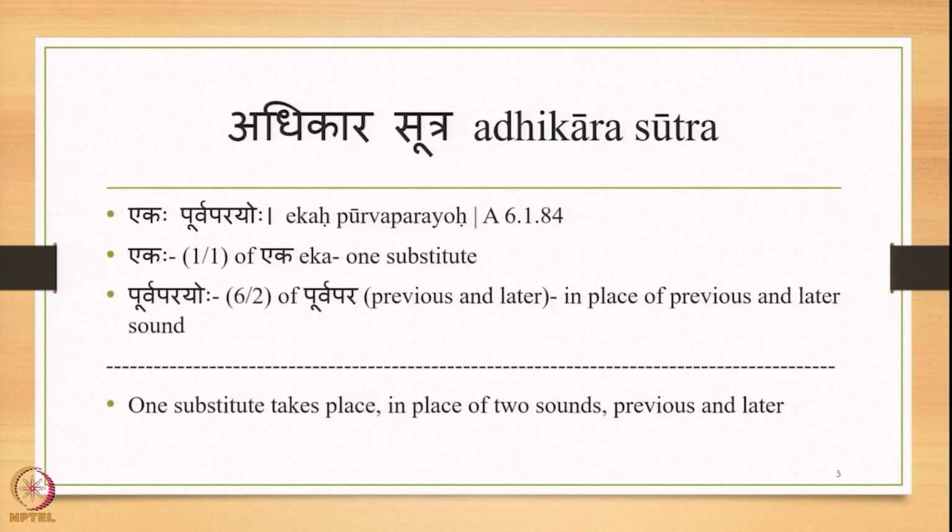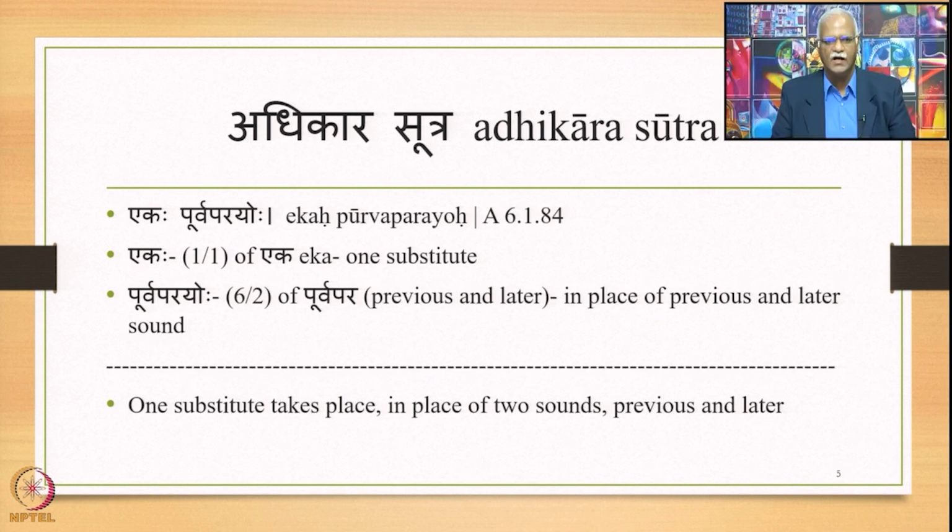This is stated by the Adhikara Sutra Ekah Purva Parayoho 6.1.84, which has got two words Ekaha and Purva Parayoho. Ekaha means one substitute, Purva Parayoho being 6/2 of Purva Para, previous and latter, earlier and latter, means in place of previous and latter sound.